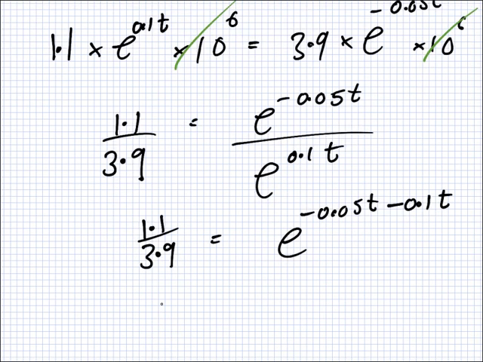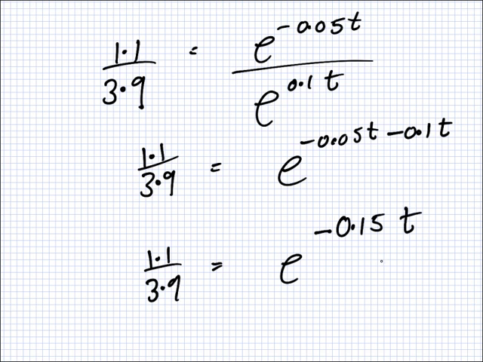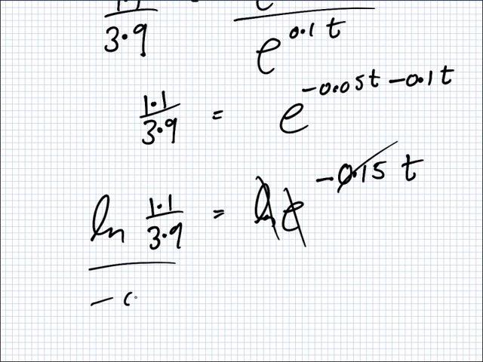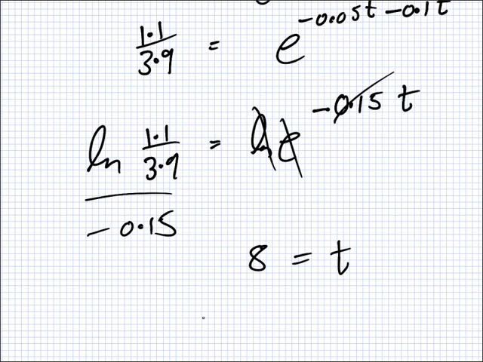So 1.1 over 3.9 equals e power minus 0.15t. What do we do next? Log, then divide by minus 0.15. So you end up getting t is 8 something like that. So the answer is the year is 2018.